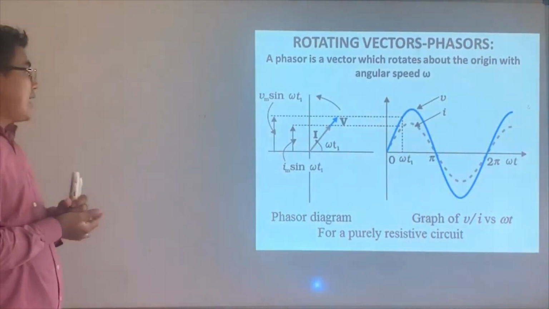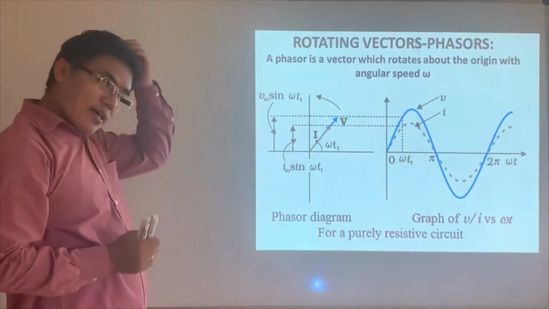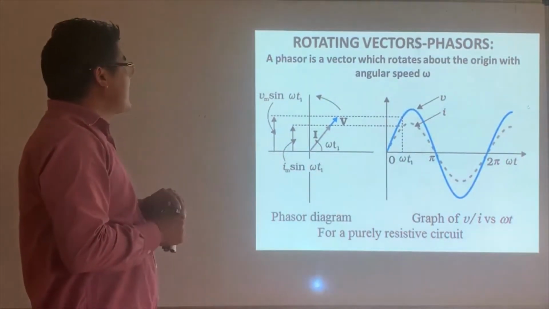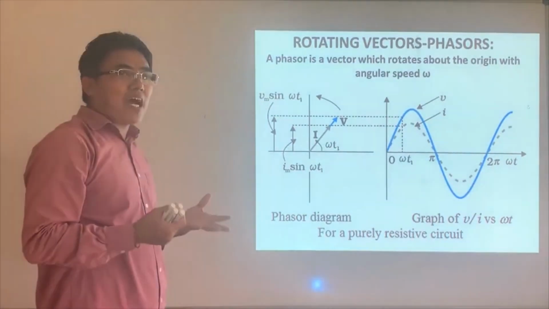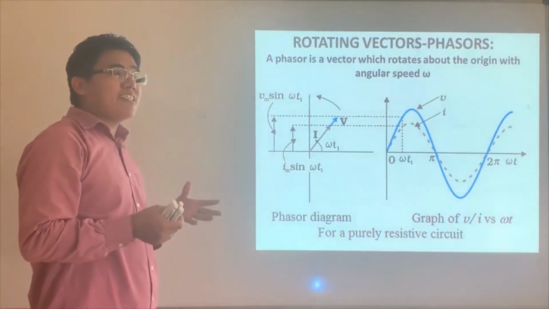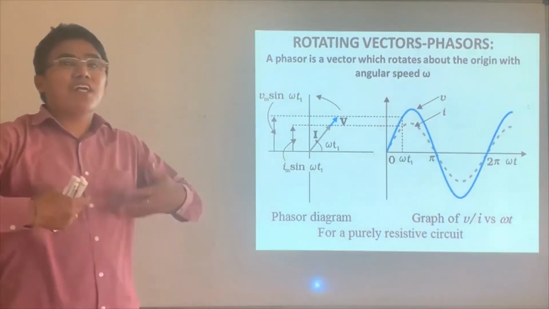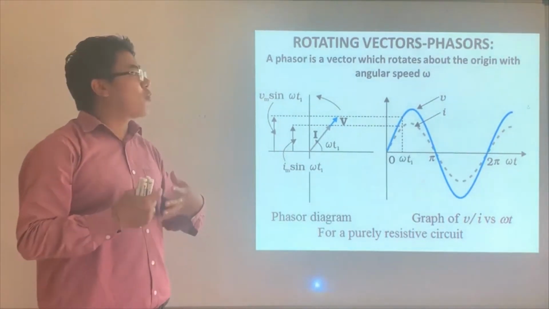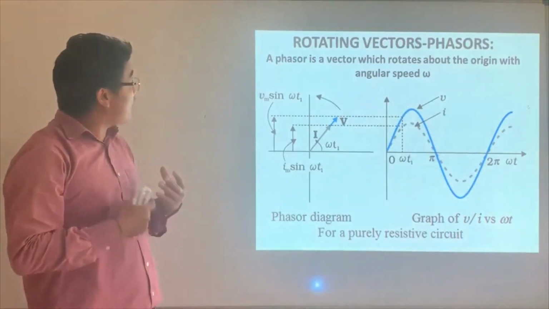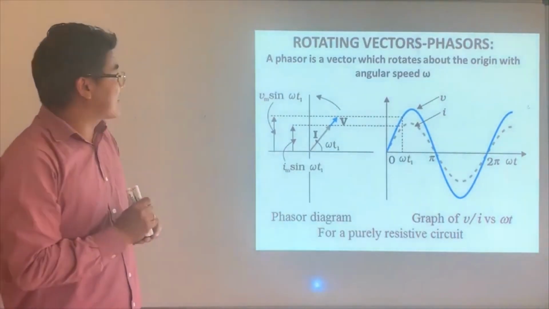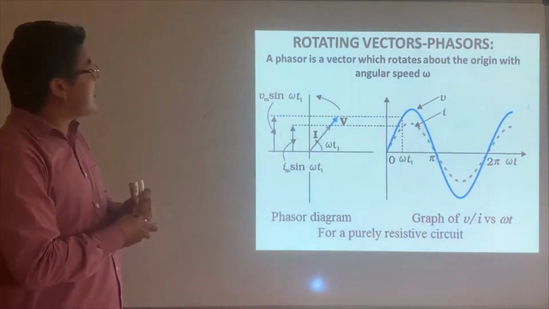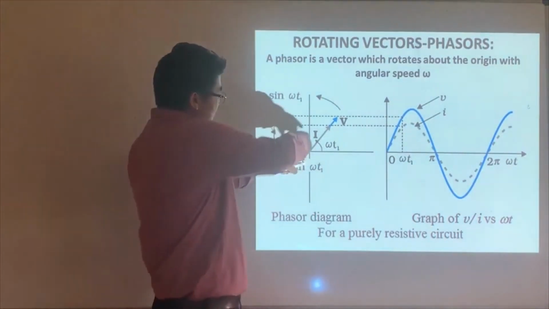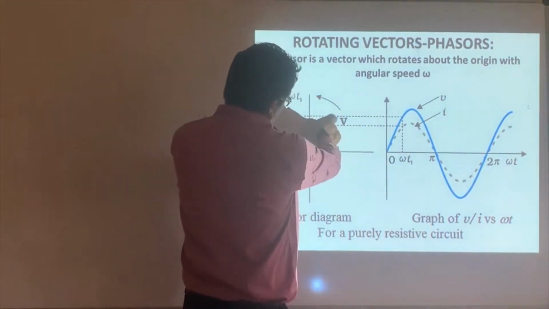So I say a phasor is a vector. Normally current is a scalar and voltage is a scalar. Now here we try to treat current and voltage as vectors. What kind of vectors? Rotating vectors. A phasor is a vector which rotates about the origin. This is the current phasor, this is the voltage phasor.